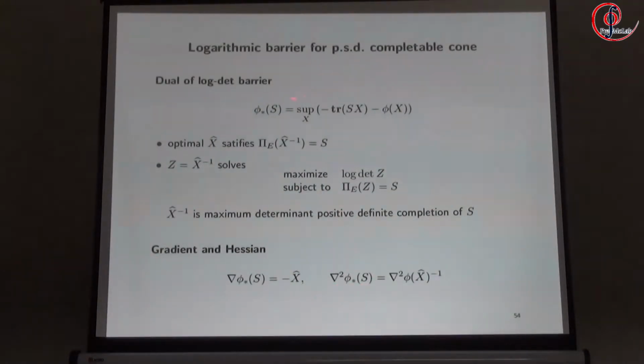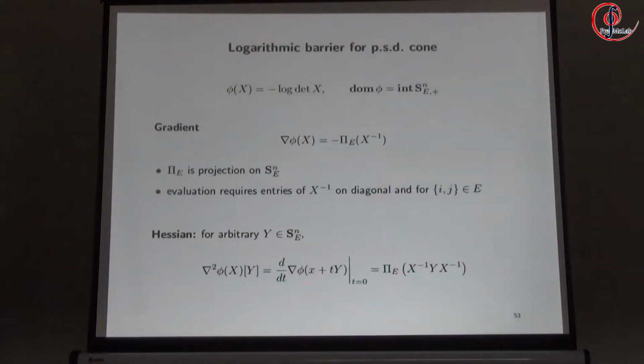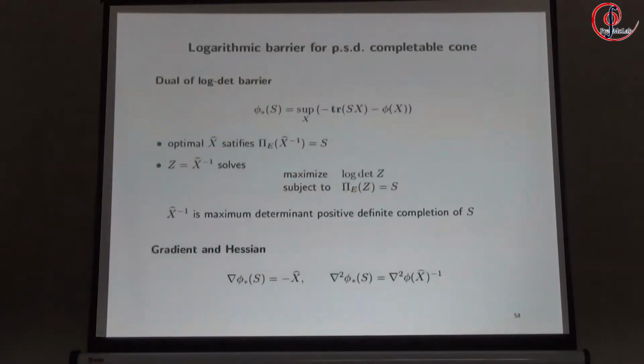And then the Hessian of this is, again by convex analysis, the inverse of the primal Hessian at that optimizing x hat. So the problem of evaluating the inverse is actually the same as evaluating the inverse of this primal Hessian. So for a given value of this, you have to solve for y. To solve this system, instead of just applying the Hessian to y, you have to solve the inverse.